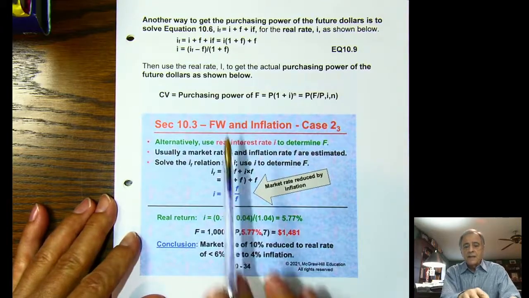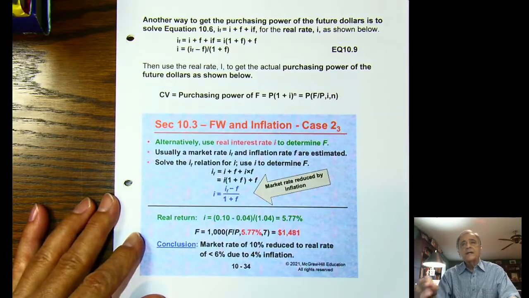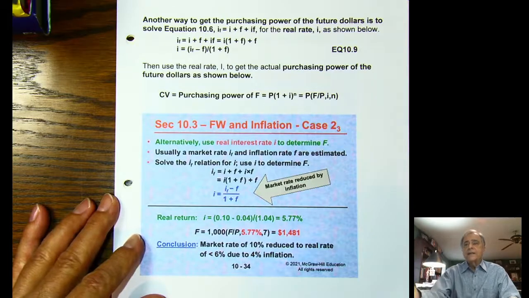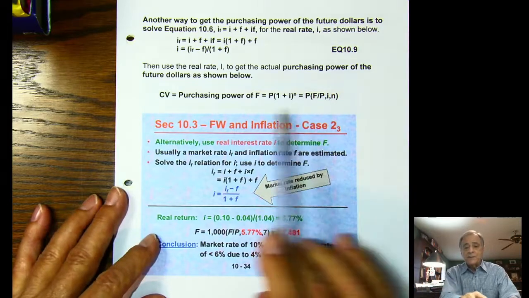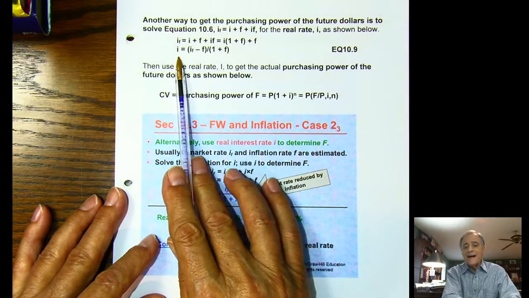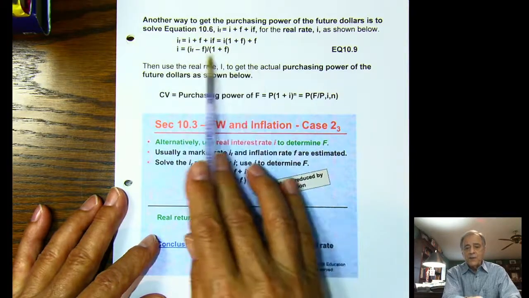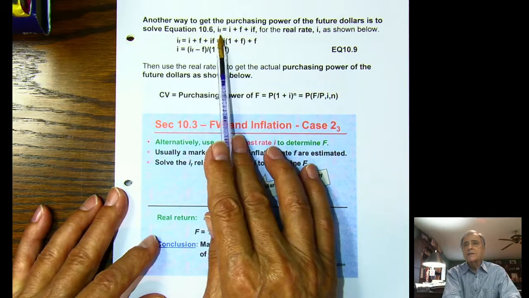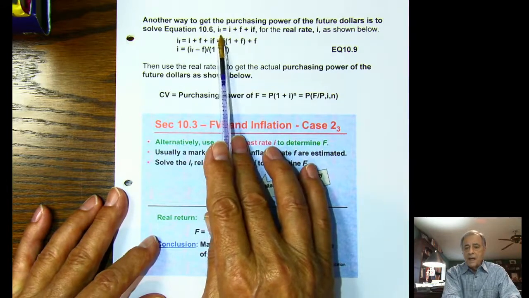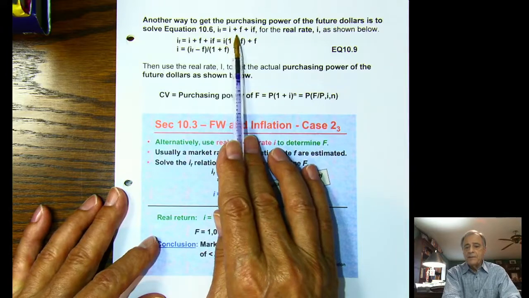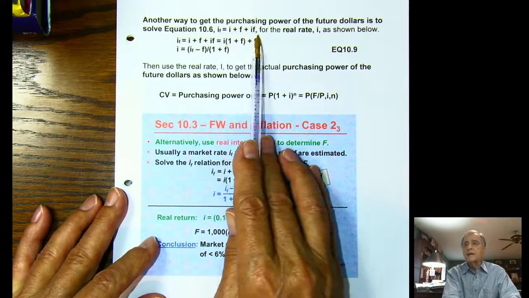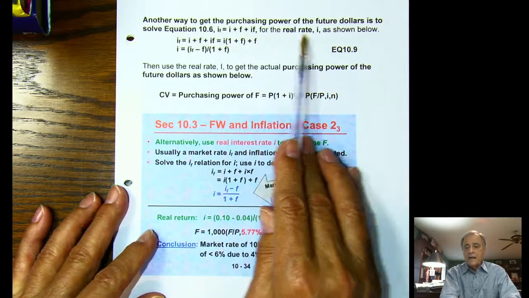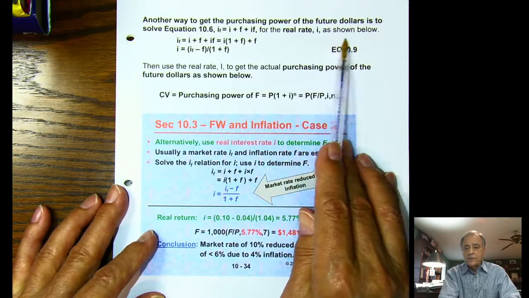He says one thing we could do, instead of inflating at the market rate and then deflating at the inflation rate, is simply use the real rate, i. If we solve equation 6 for i, remember equation 6 is i sub f equals i plus f plus the product i times f, and i is the real rate as shown below.